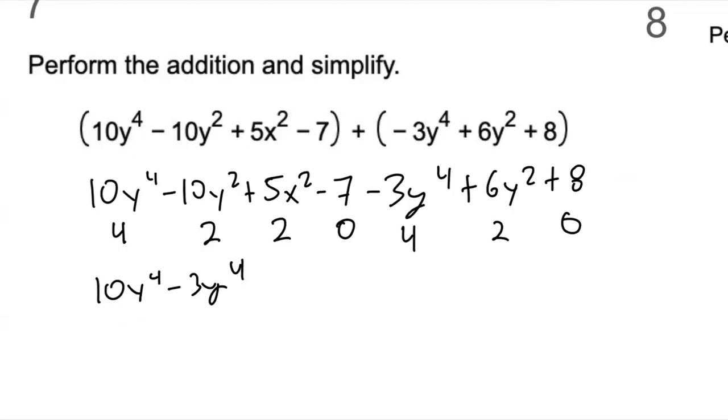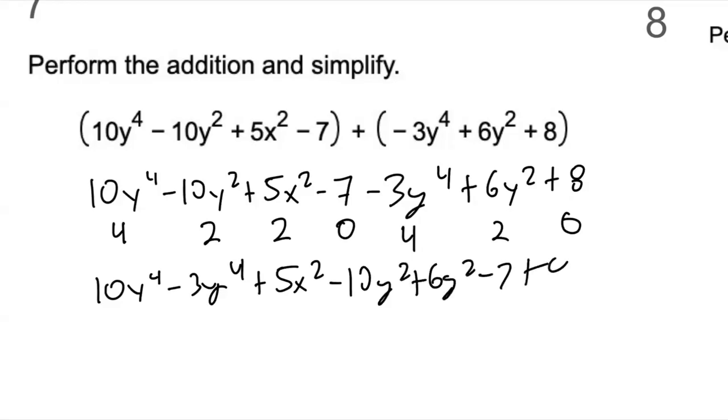Both have a degree of 2, and usually determining what variable you want to go first, the rule of thumb is always going by alphabetical order. So x always goes first before y, so 5x squared, and then you can go with the y. Negative 10y squared plus 6y squared, minus 7 plus 8, since they both have a degree of 0.